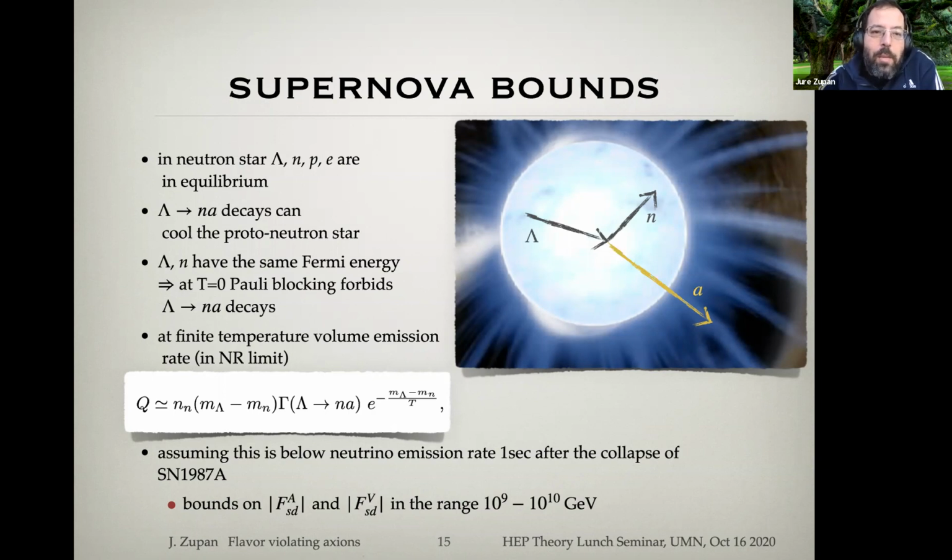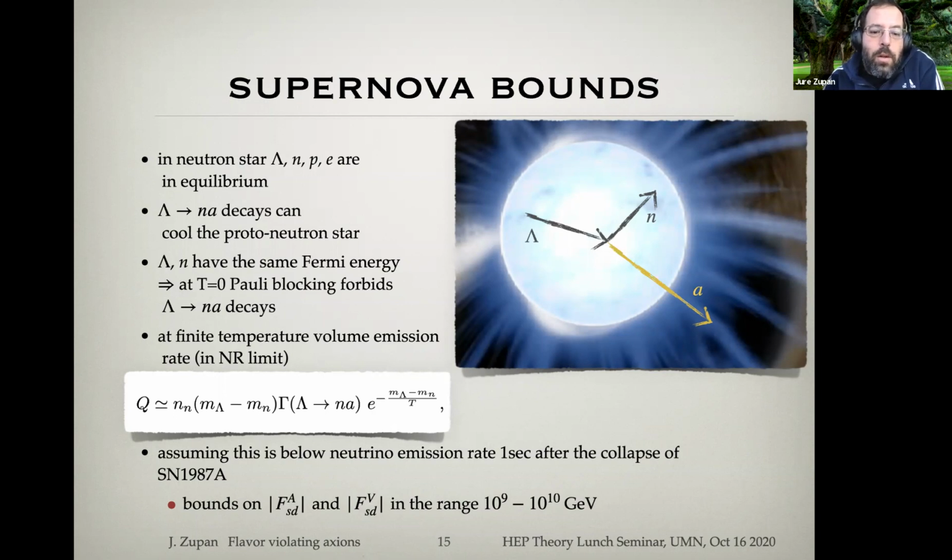Now, the next step is assuming that supernova 1987A is a standard supernova explosion. From the observation that there's nothing funny going on with the tail of the neutrinos, you assume that this cooling is less than the neutrino cooling, and this would give you a bound at 10 to the 9 or 10 to the 10 GeV.